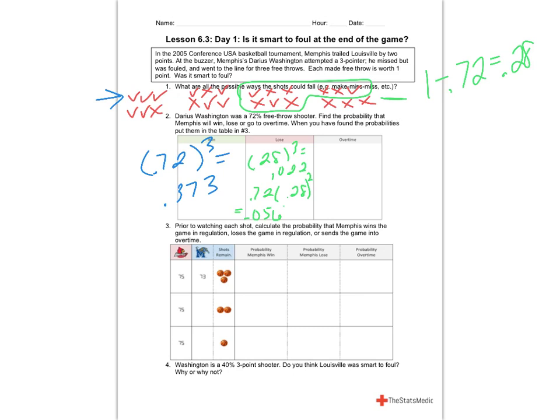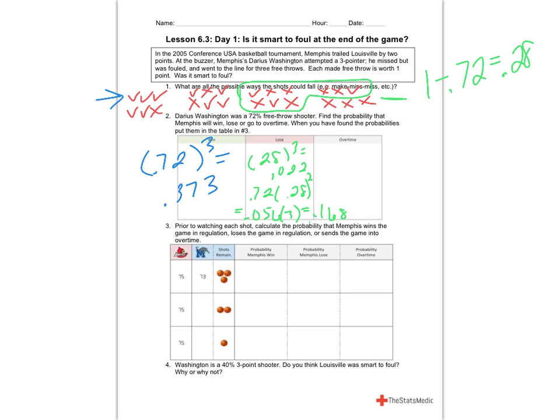I need to multiply that by 3, which gives me 0.168. Now I can combine my 0.022 with my 0.168, and I would get my probability that they end up losing.